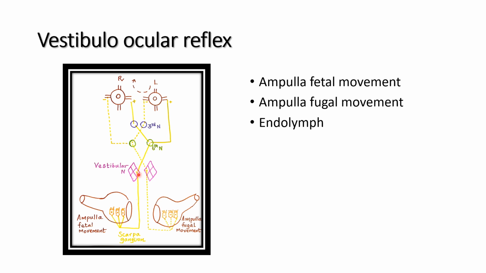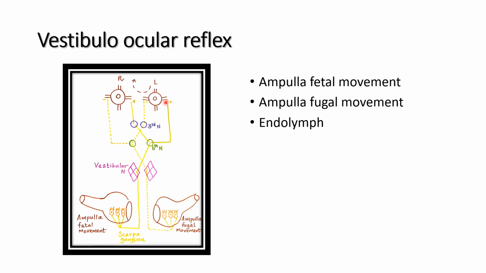It reaches the medial vestibular nucleus and crosses to the sixth cranial nerve nucleus, and from the sixth cranial nerve nucleus it contracts the lateral rectus muscle and the medial rectus. On the right side the medial rectus reaches the third nerve nucleus and produces contraction. So when you are moving the eye, it contracts the lateral rectus and the medial rectus.